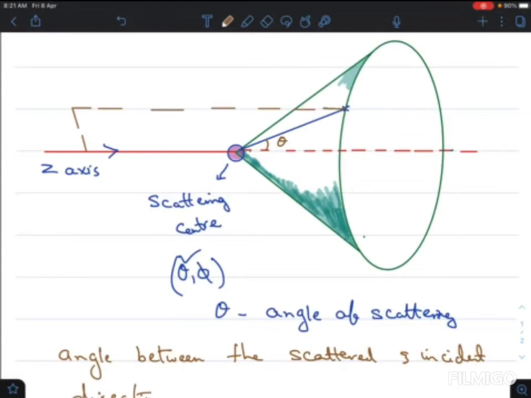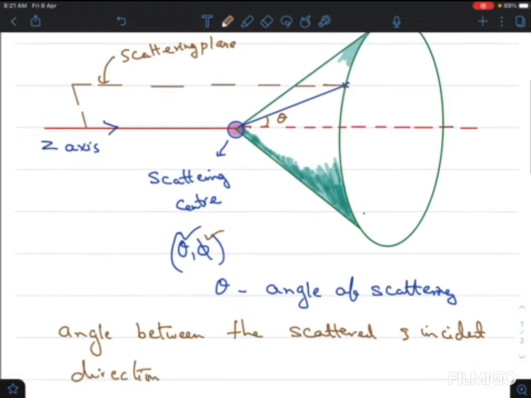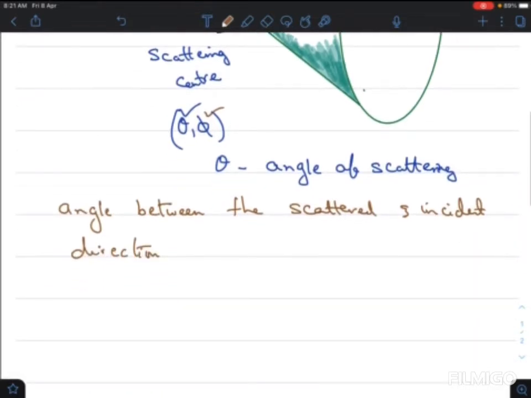So this is called the scattering plane, or plane of scattering. Now you have this phi. It is called the azimuthal angle.